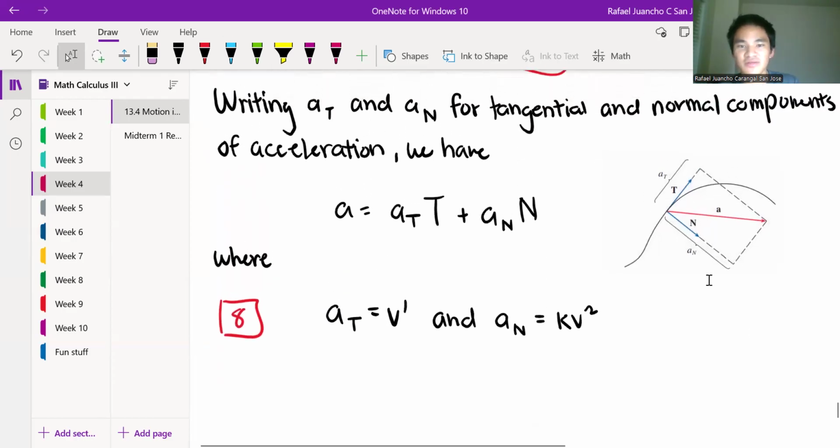And then the other two vectors that consist of them when you add are the tangential and normal components, right? How do I know? Well, this is the one that's tangent. That's the one that's tangent. And this is the one that's normal, so this is perpendicular because it's normal. Then you sum those up, you get A, the actual acceleration.